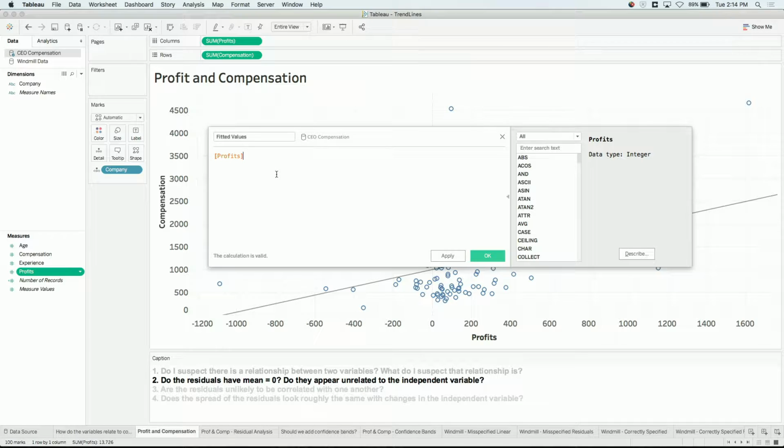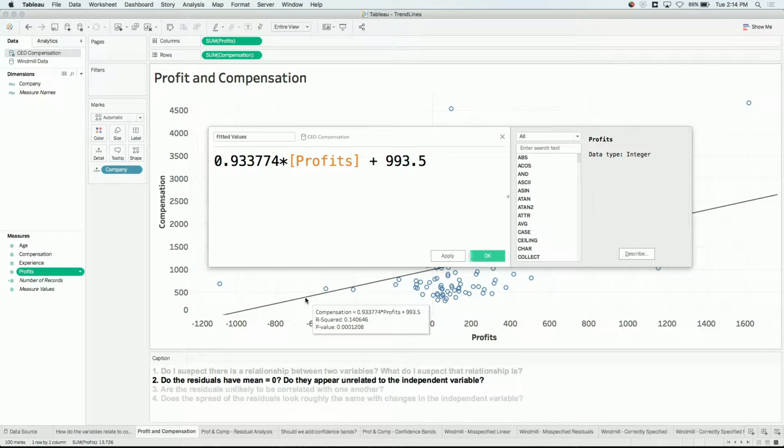Let me zoom this in. I think I can do that. Can you guys see that okay? Yeah? All right. So I'm just going to hover over the line and type in that equation. 0.933774 times profits plus, there you go, 993.5.